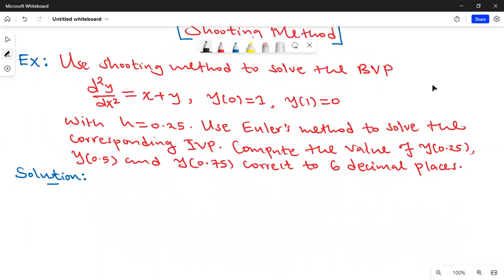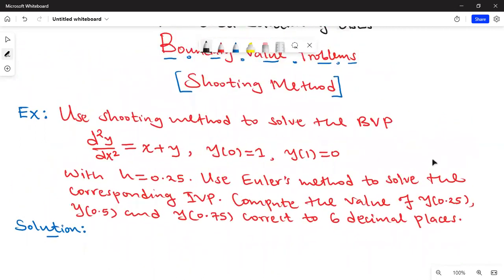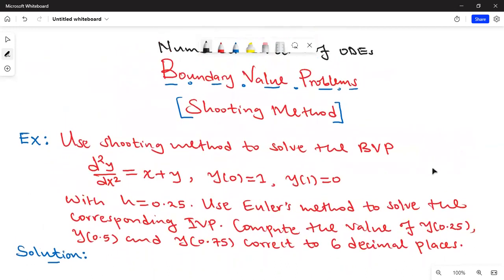So, what is the idea behind the shooting method? It is that for you to use this method to solve boundary value problems, you first of all need to convert your boundary value problem into a corresponding initial value problem. Once you have the initial value problem, then use those methods that we discussed previously for solving initial value problems.